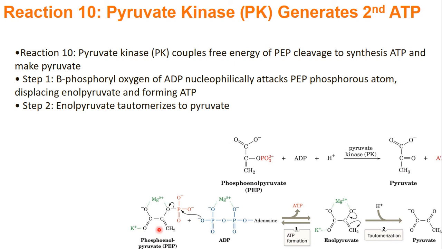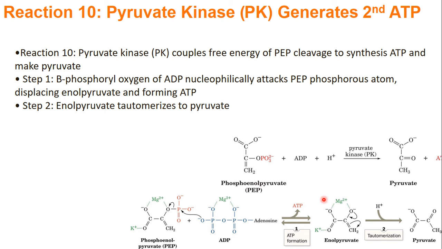So we have our PEP and we have our magnesium. Our magnesium is interacting with our negative charges, and we also have a potassium that's interacting with the oxygen of our carbonyl carbon. Here's our phosphate. Here's our ADP. So we have magnesiums interacting with the negative charges of ADP. Oxygen, this phosphate, can attack our phosphate on our PEP.